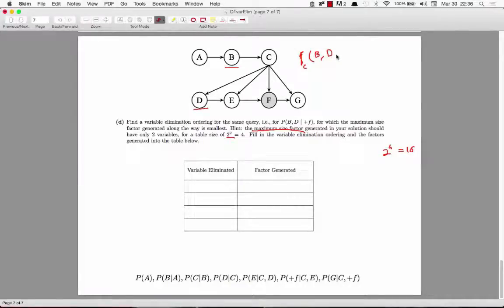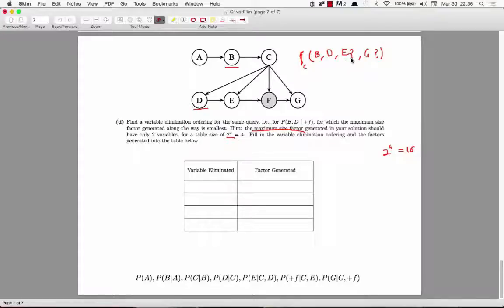And this factor might have e, and might have g. So these are the 4 variables which are neighbors of c, or which share a common factor with c. When we are eliminating c, the factor that we generate will definitely have b and d, and might have e and might have g.